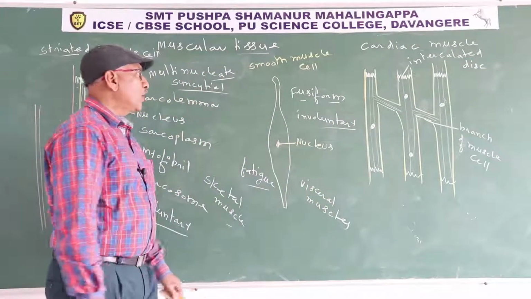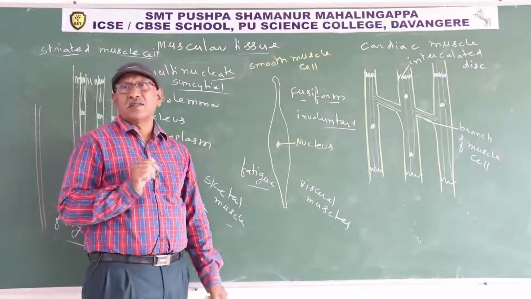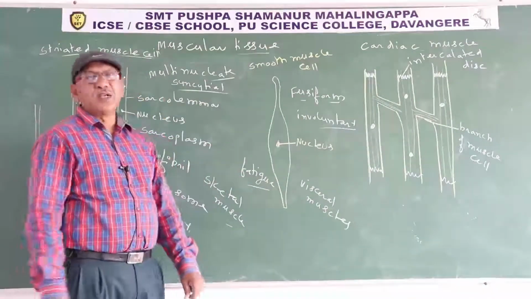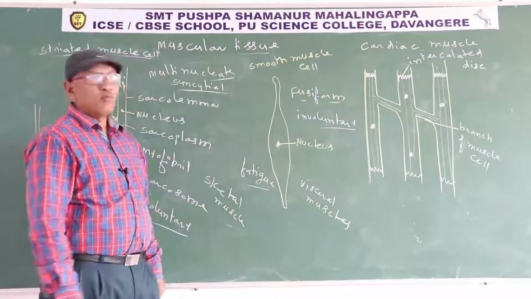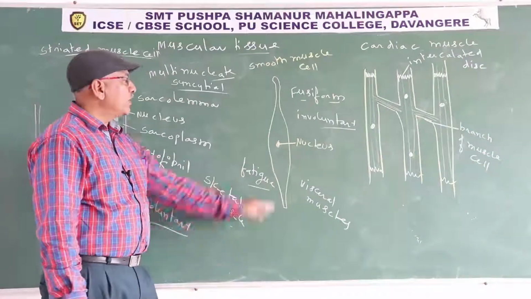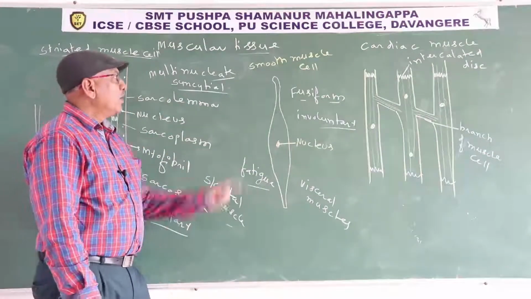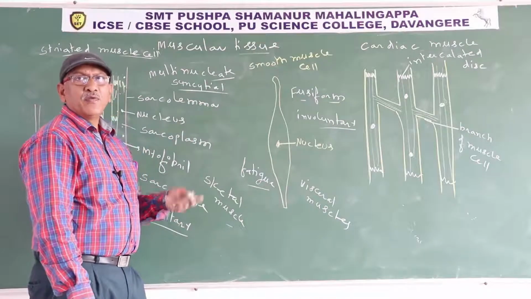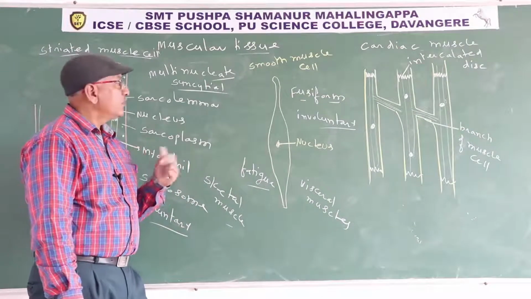Once again, smooth muscle. Smooth muscle contains several smooth muscle cells. Smooth muscle cells are fusiform, meaning a spindle shape. Anterior, posterior pointed. Middle region is broad. Each smooth muscle cell contains one nucleus, uninucleate. In the myofibrils of smooth muscle cell, myosin myofilaments and actin myofilaments are present side by side.